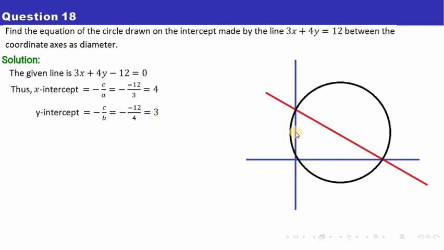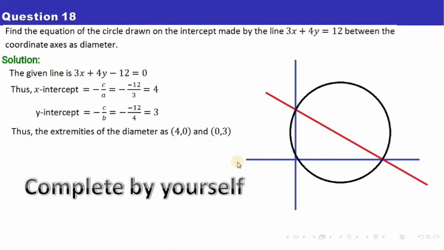That means from here to here is 3, so the coordinate of this becomes 0 comma 3. So the extremities of the diameter are 4 comma 0 and 0 comma 3. Now use the distance formula and find the equation of this circle. You will complete it by yourself.